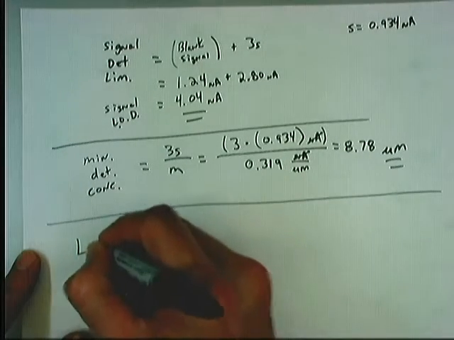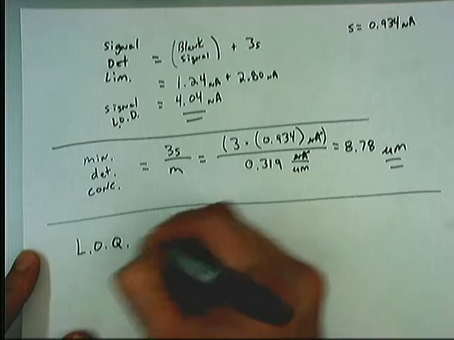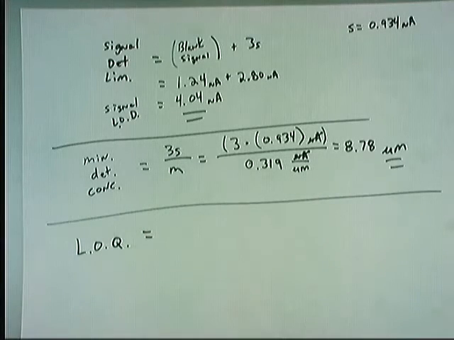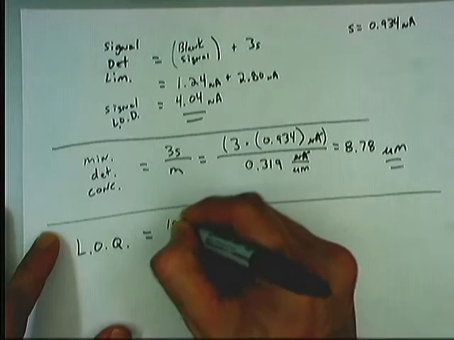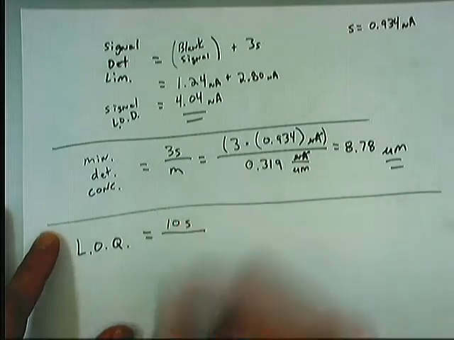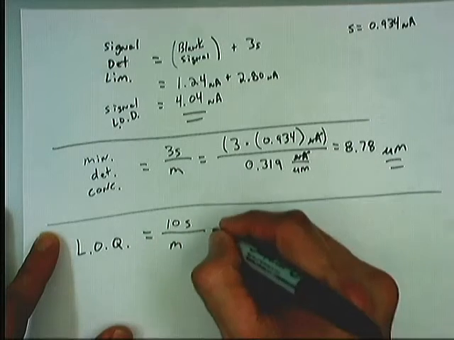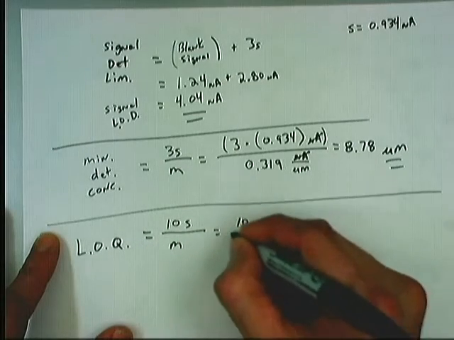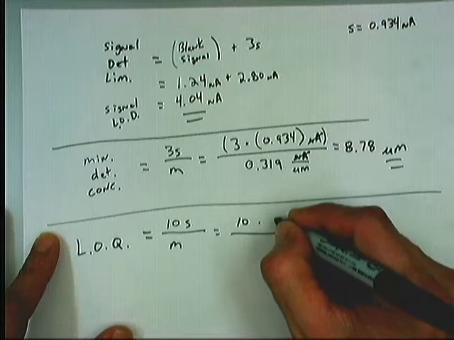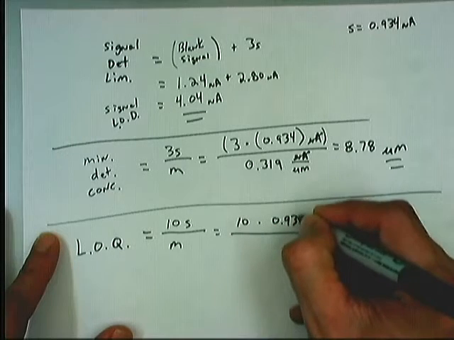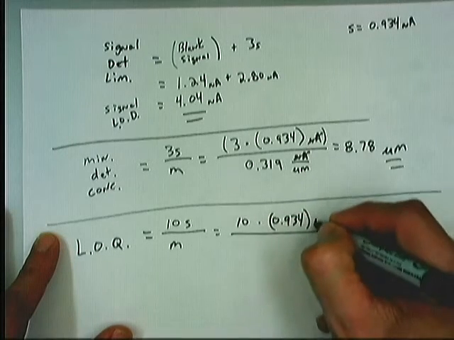Now what if I wanted to get really fancy and calculate my limit of quantitation? Could I do that? Sure, that's no problem. Because the formula just told me to use the 10S standard instead of the 3S standard. So everything is more or less the same. The S is the same. The units are the same.